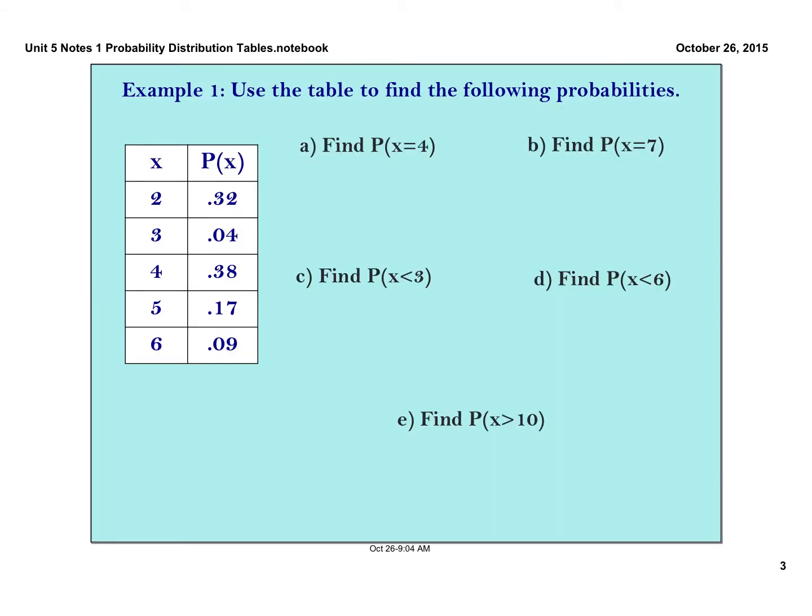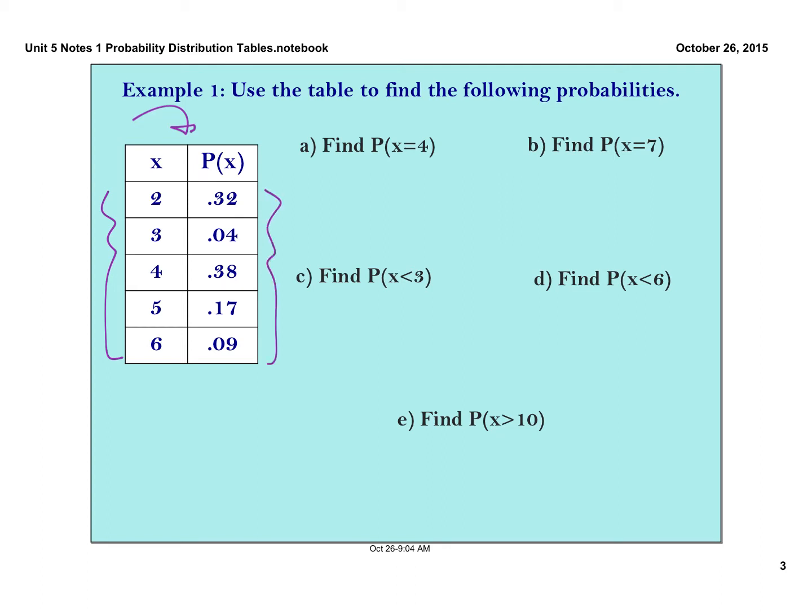Let's take a look at some of these tables and just practice finding these probabilities. This table right here is my probability distribution. Here are my possible outcomes: 2, 3, 4, 5, and 6, and here are their corresponding probabilities.